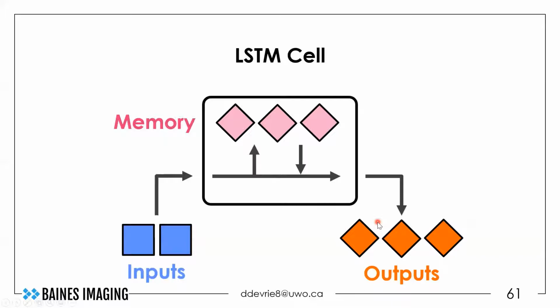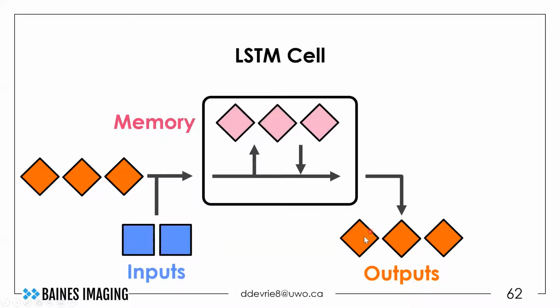And if we keep this idea of a recurrent neural network going where we have multiple time steps, we would imagine that we would have inputs at the next time point. And if we want this LSTM cell to operate in a very recurrent nature, what we would do is we would take these outputs and feed them in as input at the next time step. So that recurrent connection.